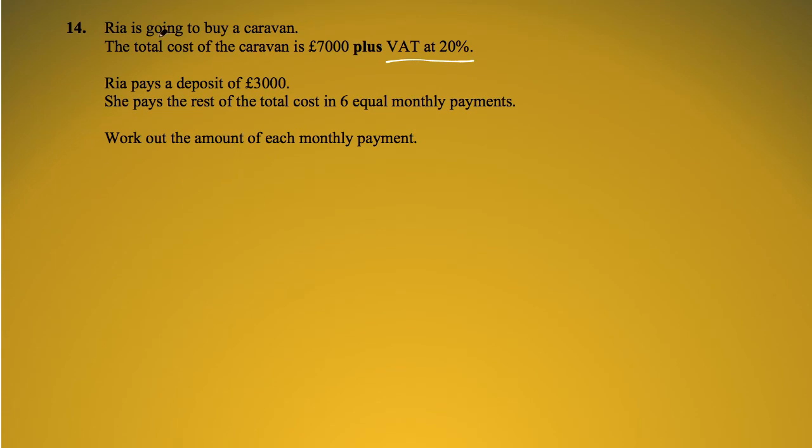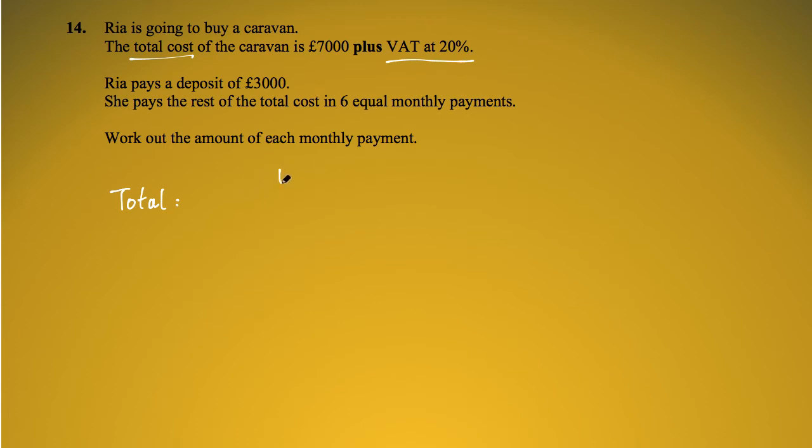Let's find the total cost of the caravan first of all. This is a really good idea in this kind of problem to write down what you're working on as you're doing calculations. So the total of everything, we want to know the plus VAT at 20%.